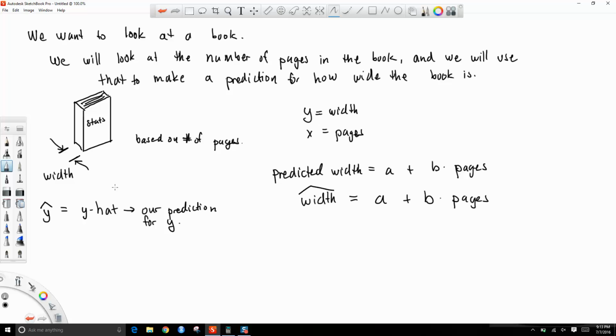So in this context, the hat means it's our prediction. Later on we'll encounter the hat again when we're talking about p, and we have p hat, which just means it's something related to p but not actually p.